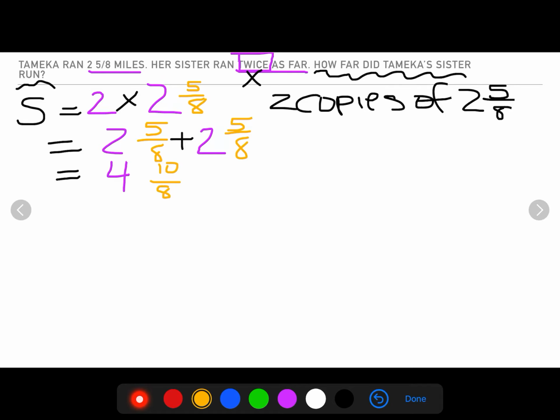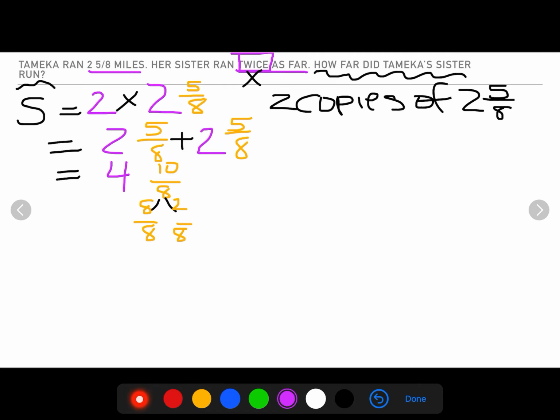Did you get 4 10/8? Me too. What'd you do next? That's right, I have to decompose 10/8 because I can pull out a whole within 10/8. What did you get on your left-hand side? Awesome thinking. And what about your right-hand side? Good job.